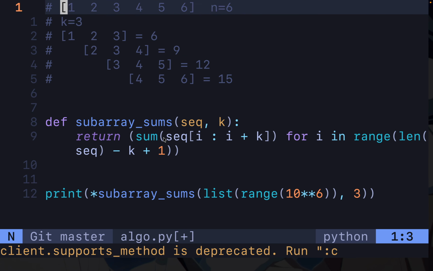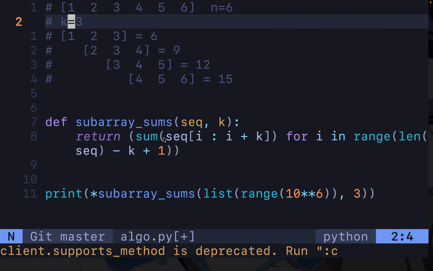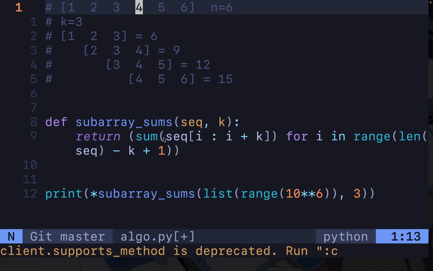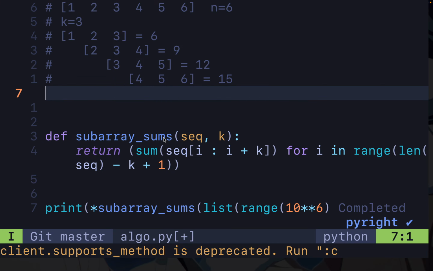Another way to look at this is, if you want the number of starting indices, you start from index 0 all the way until index 3, or index 1 until index 4 here. So another way to write that is going to be n minus k plus 1.